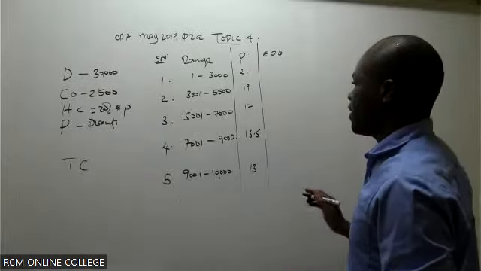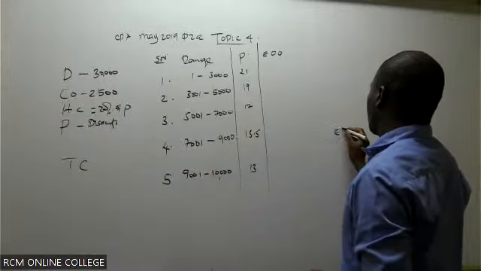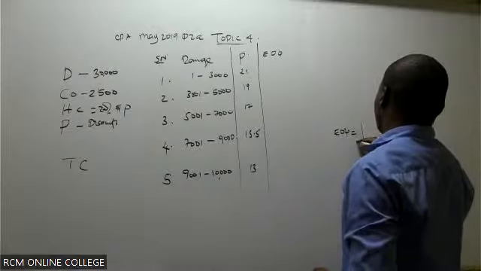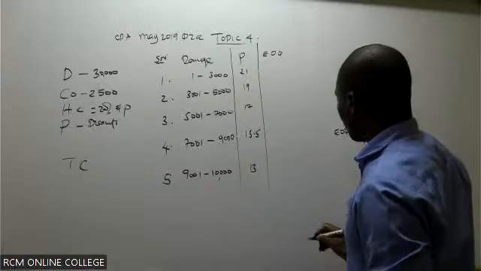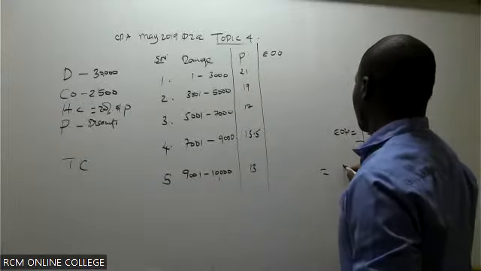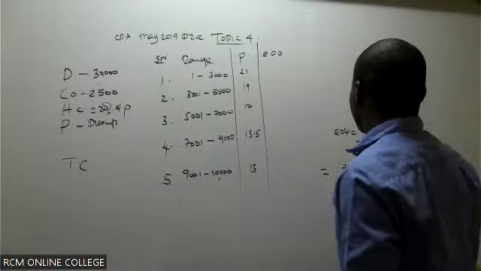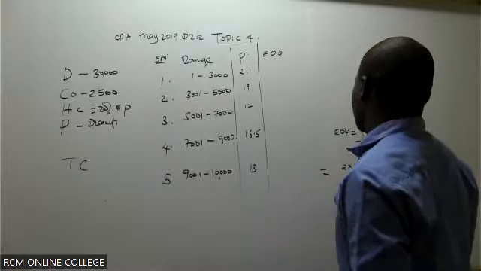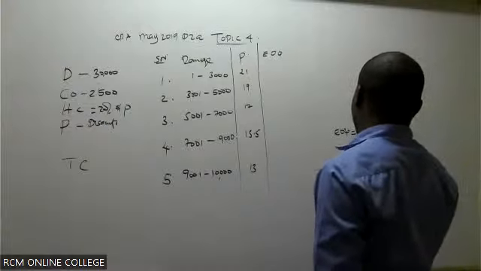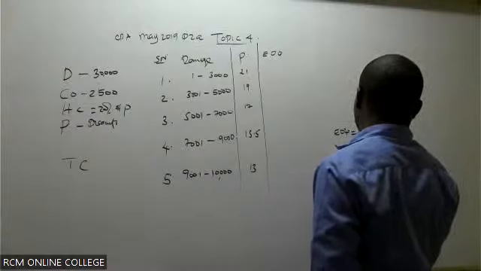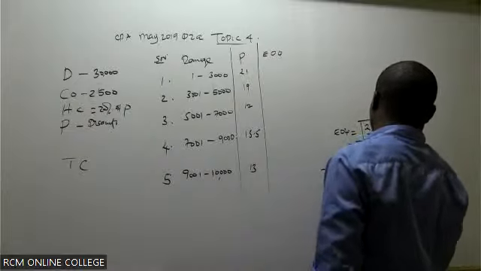I want you to do me a very simple thing here. We've not forgotten the formula. That is, economic order quantity is equivalent to root of 2DCo over Ch. Our model will be 2 times demand, which is 30,000, times ordering cost, which is 2,500, the whole of it.